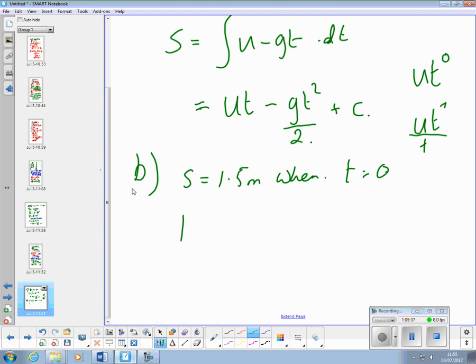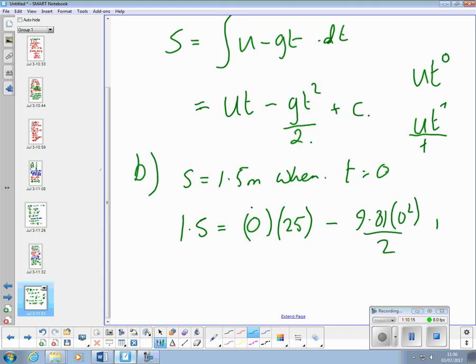So 1.5 is equal to 0, the time, times 25, the initial velocity, minus 9.81 times 0 squared over 2 plus c. 1.5 equals 0 minus 0 plus c.